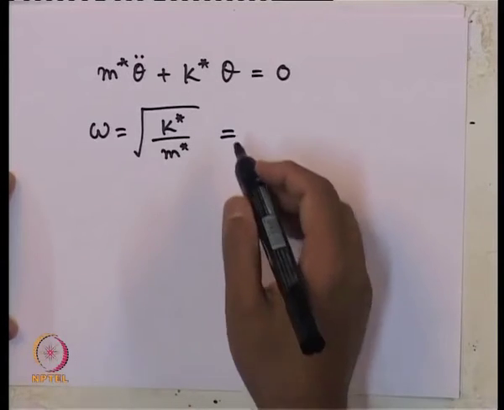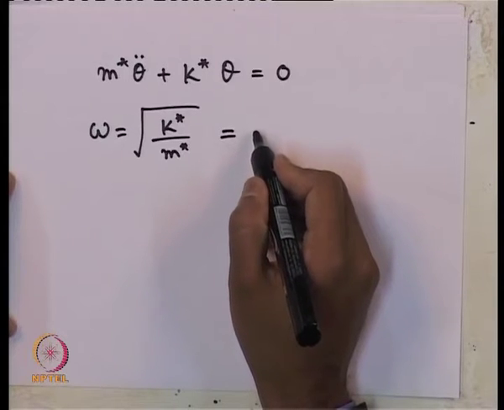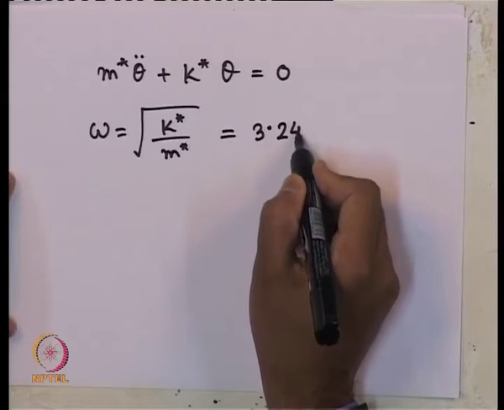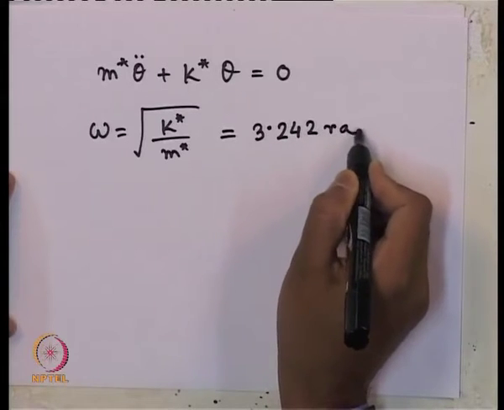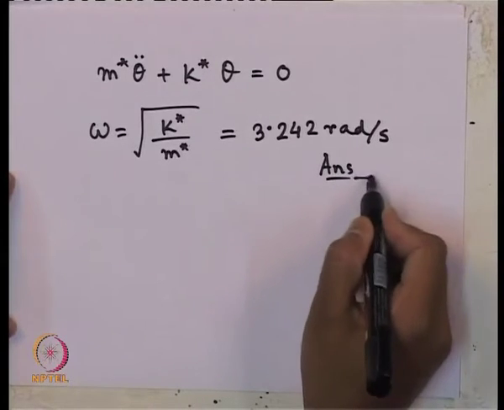If we put all the expressions and do the calculation, we will get the natural frequency as 3.242 radian per second. So, that is the answer for part B.